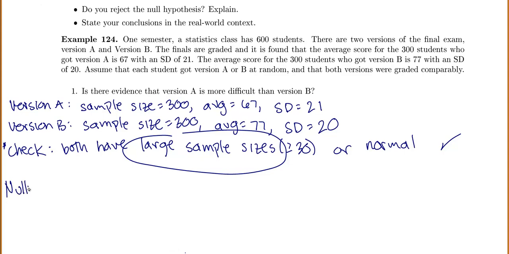Then you come up with your hypotheses. The null hypothesis, if you think about status quo, nothing interesting, would be that your 2 versions are the same. So version A and version B are the same difficulty.